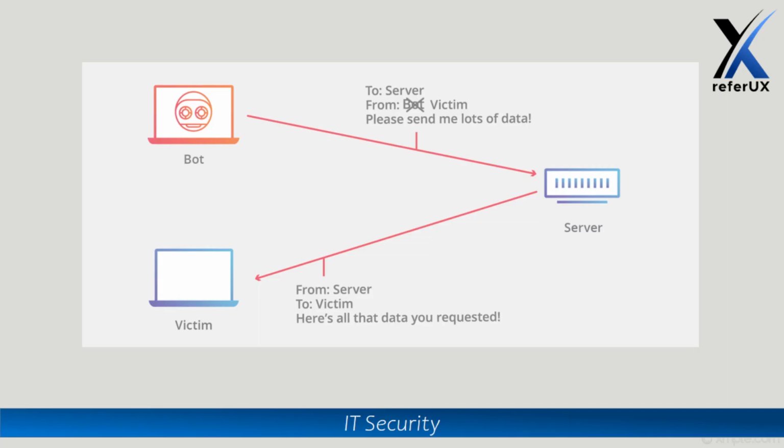When it comes to IP spoofing, IP spoofing itself is the creation of internet protocol packets, which means IP packets, with a false source IP address, mainly for the purpose of impersonating another computer system.